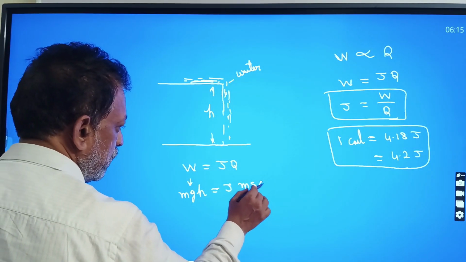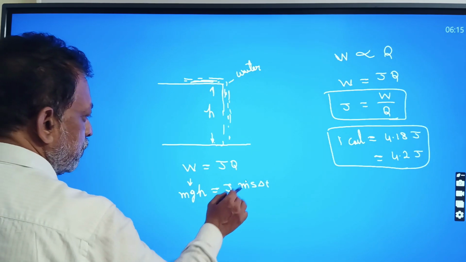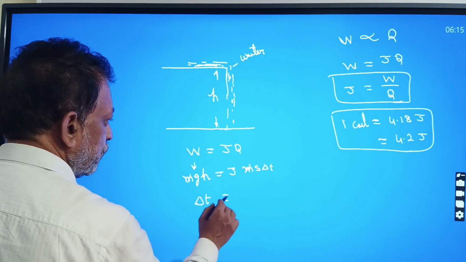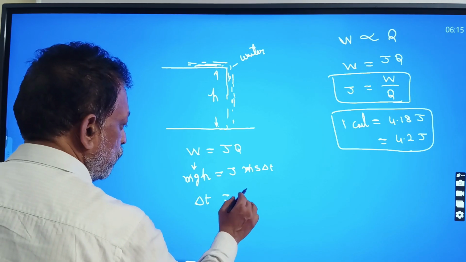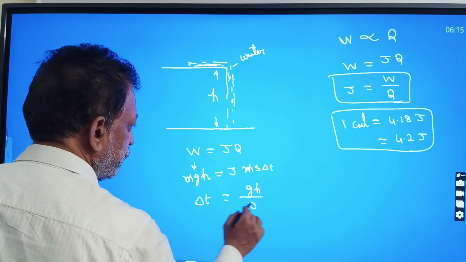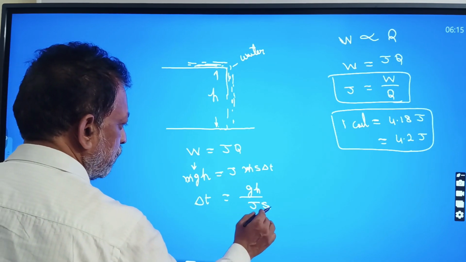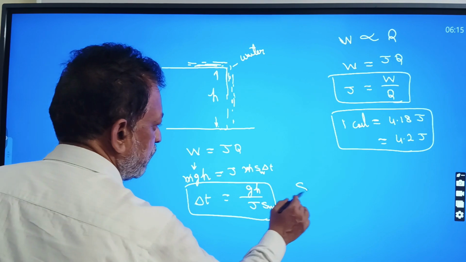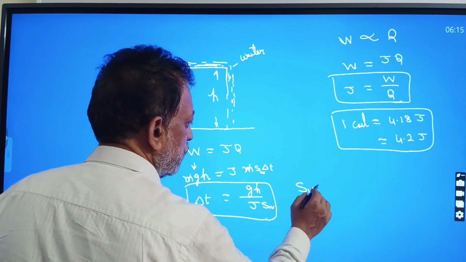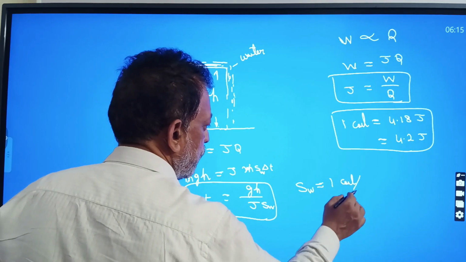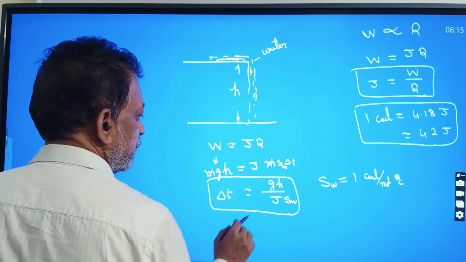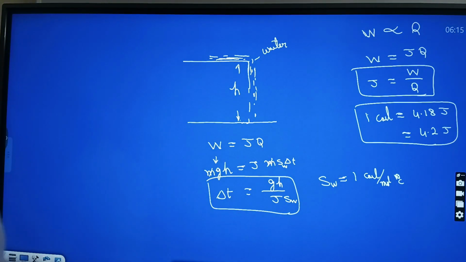Mass into specific heat into delta T. So then the mass cancels. Then the rising temperature delta T is equal to gh by J. Here the specific heat of water is 1 calorie per gram per degree centigrade, so the value is 1.